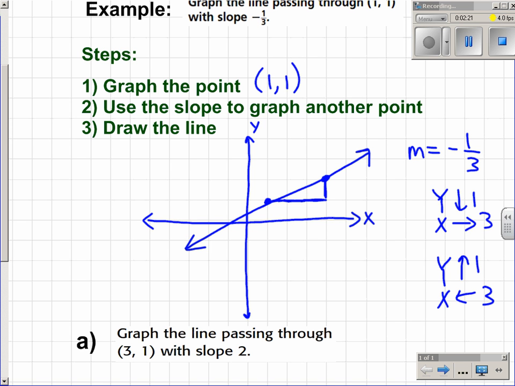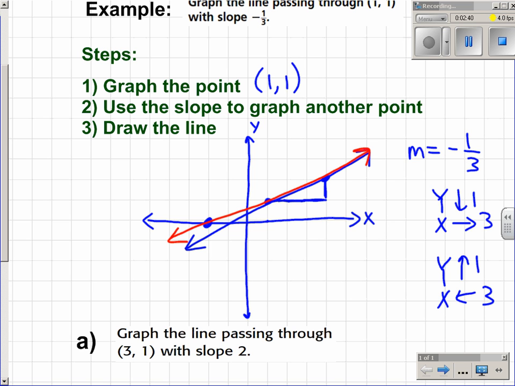So if we had gone down 1 on the y, that would bring us there, and then left 3 on the x, and we would actually get a point there. I did not draw that line well enough to go through that point. So that would be the line.